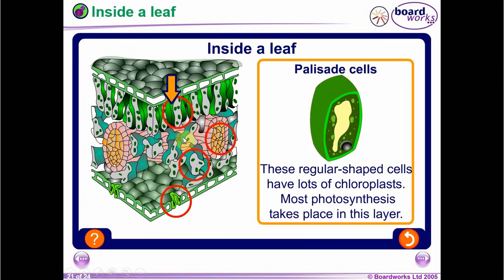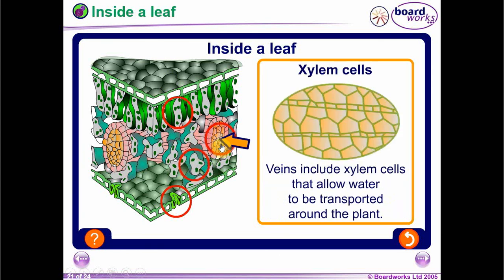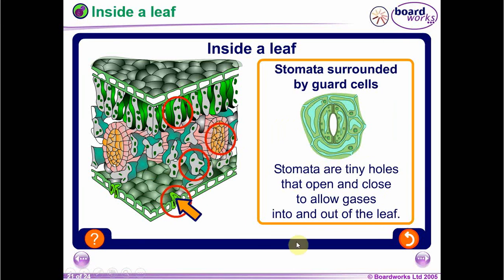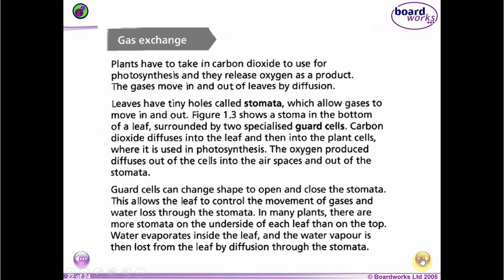This is the palisade, and this is the spongy. This is the vascular bundle containing the xylem and phloem, and this is the stomata surrounded by the guard cells. How does the gas exchange happen?